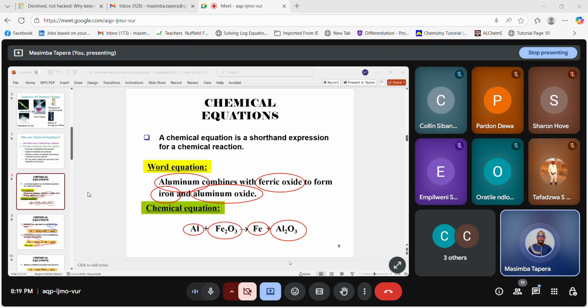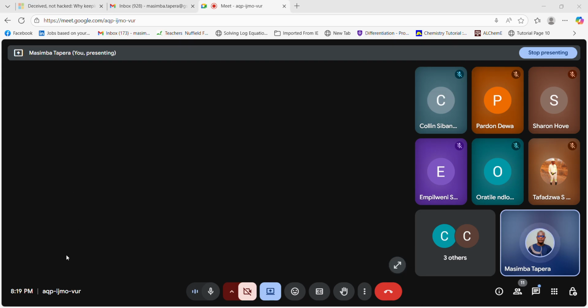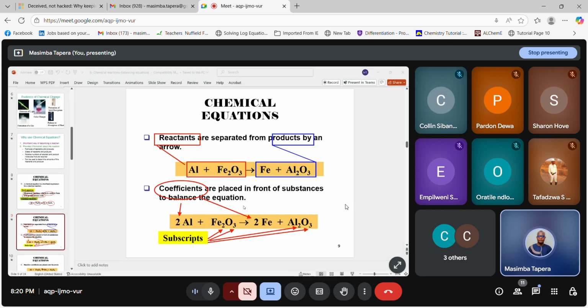So from this equation we can also try to give more information using a chemical equation to be more and more precise. We can see that the reactants are shown on the left hand side, and they are separated from the products by means of an arrow. That's why you have an arrow here, and these are the reactants and these are the products.